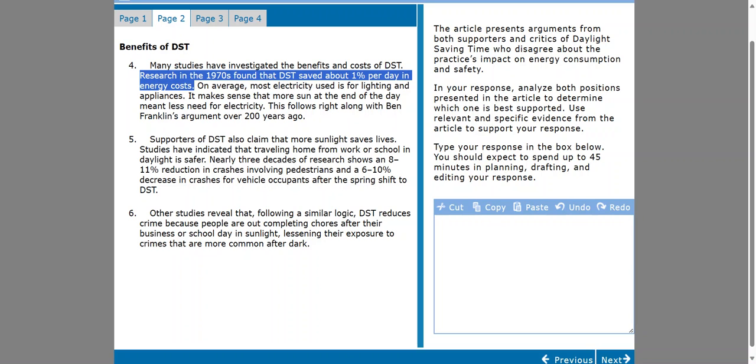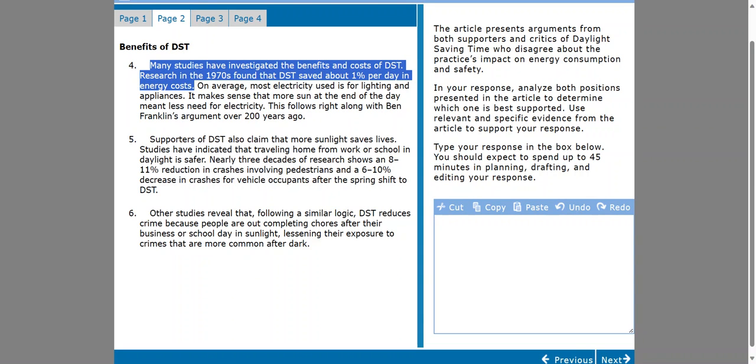And it says many studies have investigated the benefits and cost of DST. While this makes sense, and is used to support the benefits of DST, here is my issue.